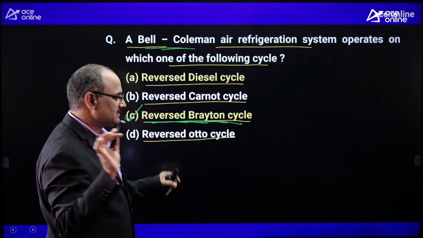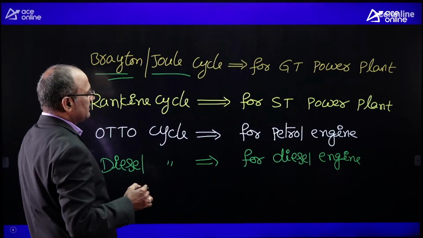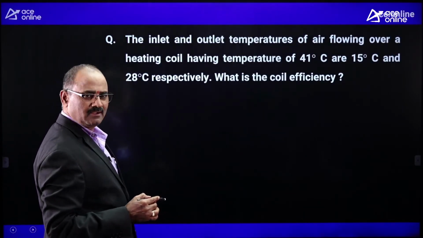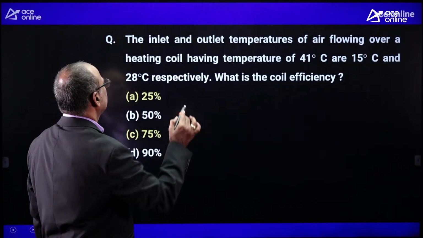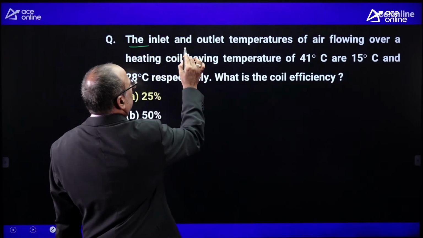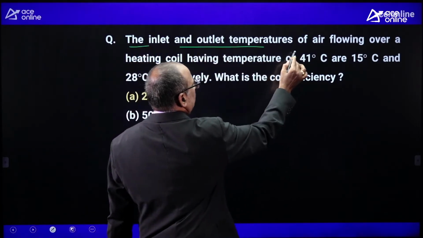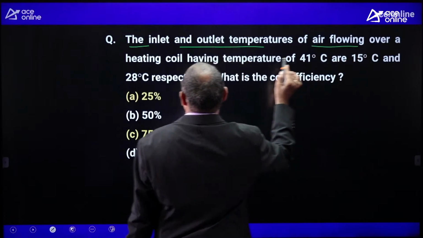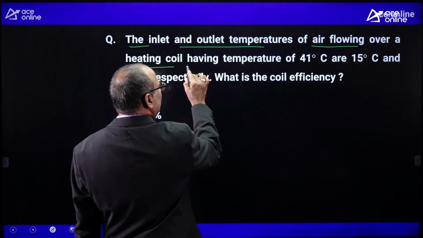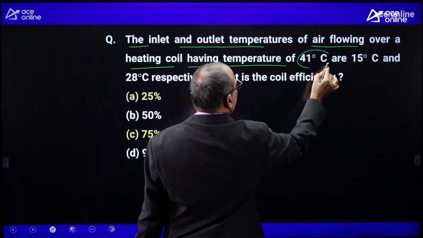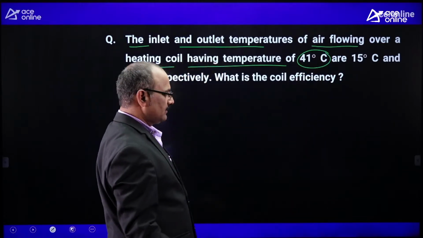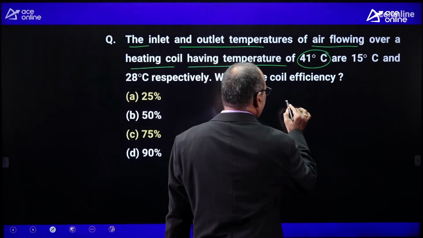Following? Yes. Similarly, look at another important question. Try to read it clearly. The inlet and outlet temperatures of air flowing over a heating coil having a temperature of 41 degrees centigrade. Let me mark the heating coil first.